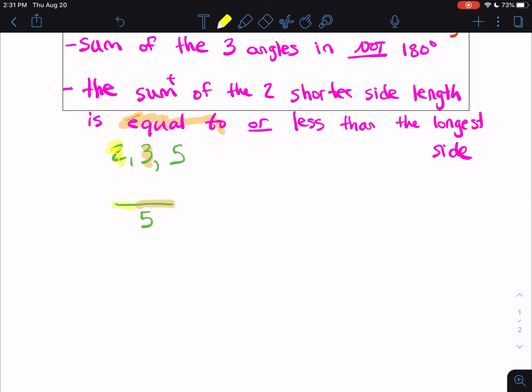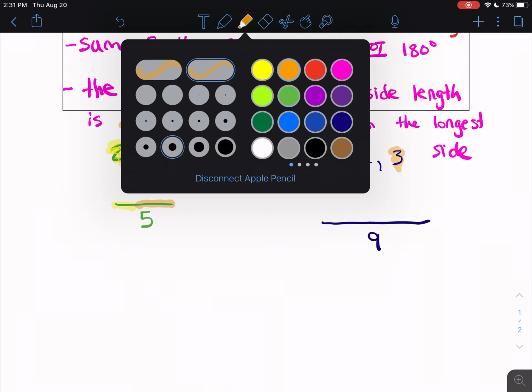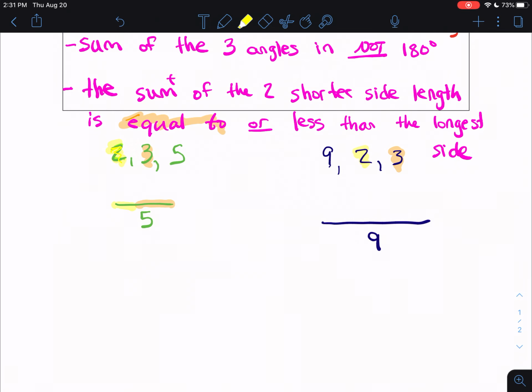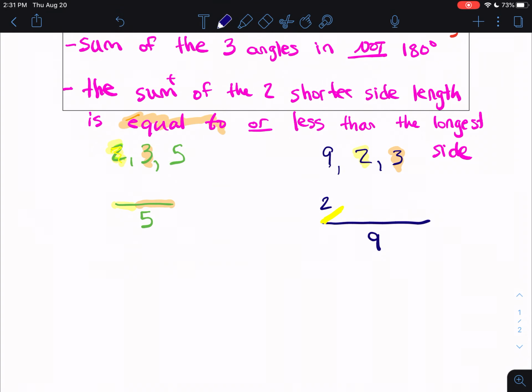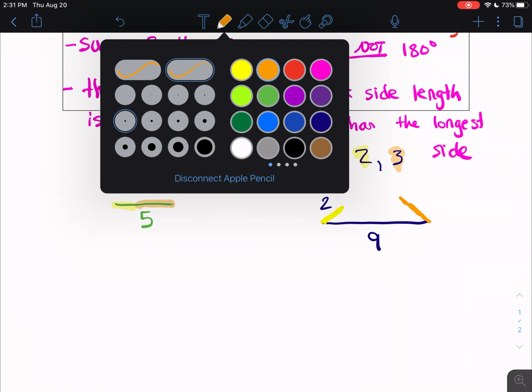The other situation is if the two shortest side lengths add up to less than the longest side length. If we had side lengths of 2 and 3 again, and our longest side length was 9, with orange as 3 and yellow as 2, my 2 would be here and my orange would be a little longer, and that would be 3.